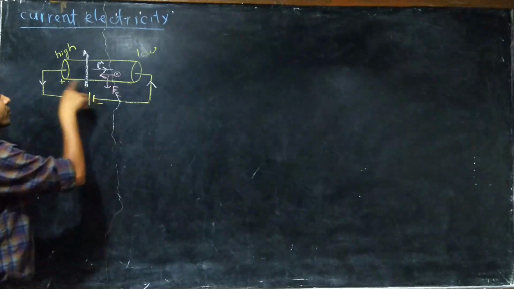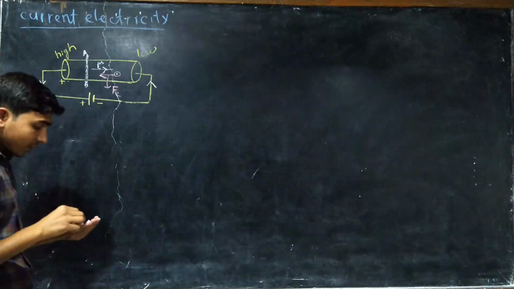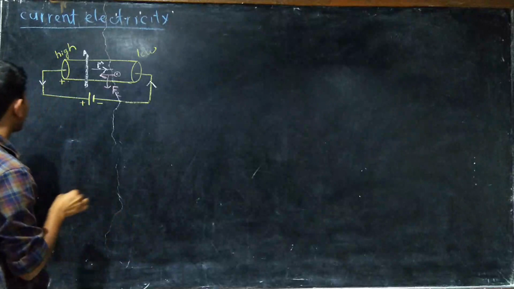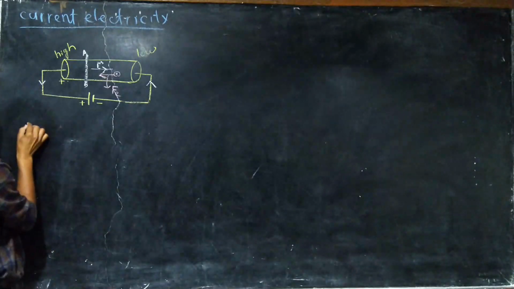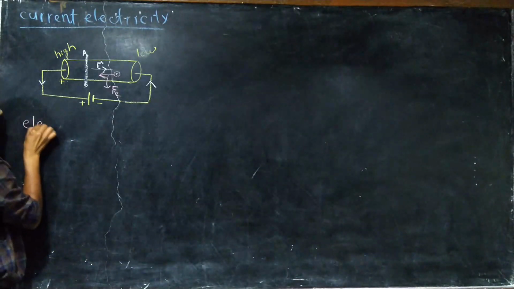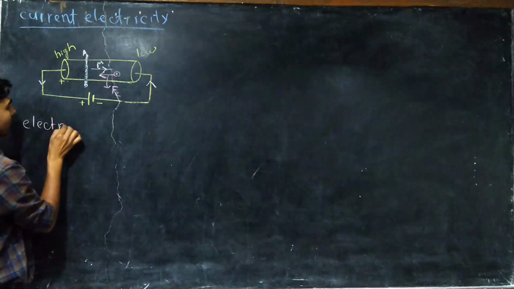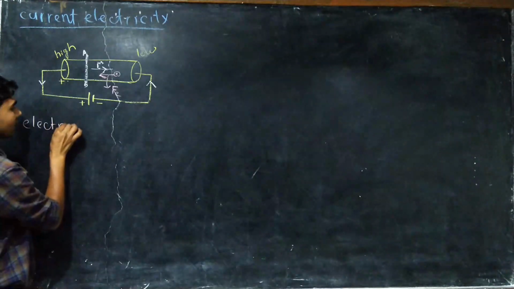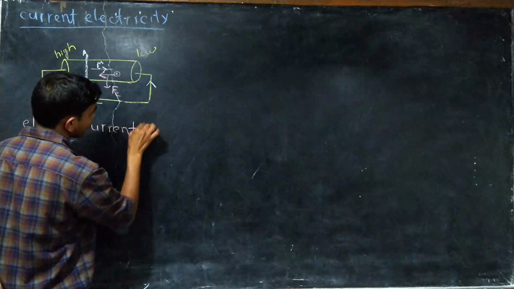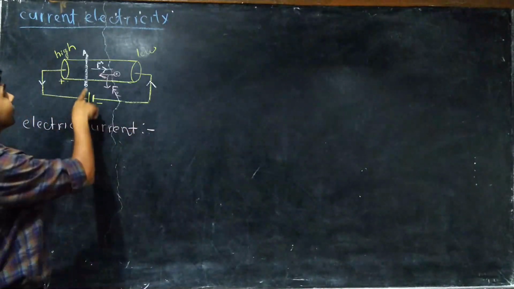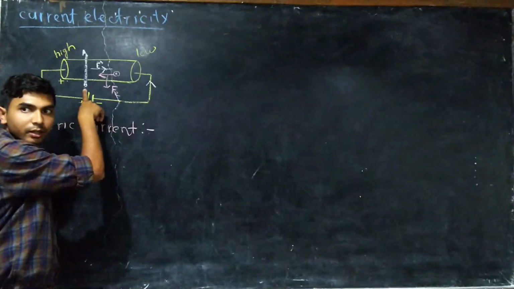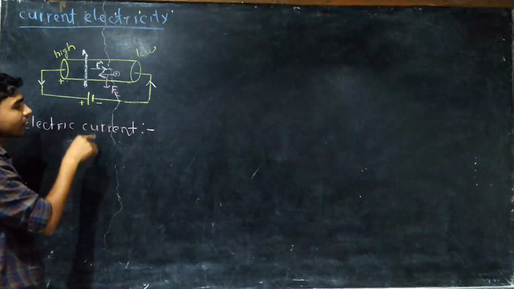Another quantity we are going to define is electric current. As I discussed, charge is crossing this area. Then what is electric current?